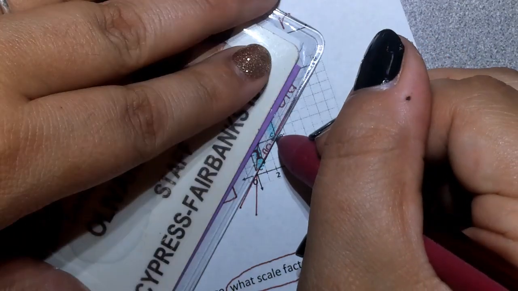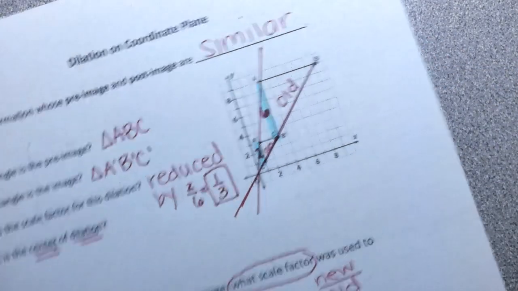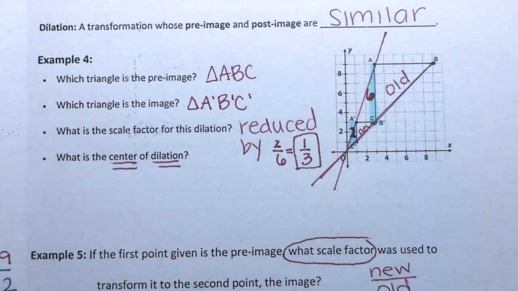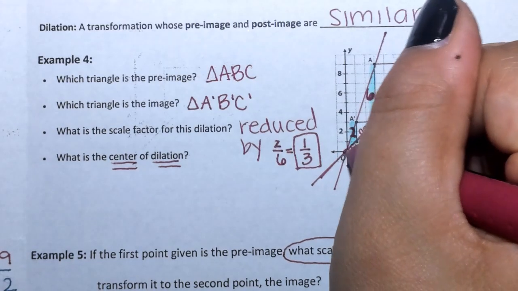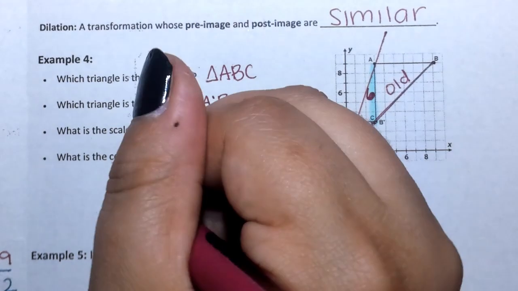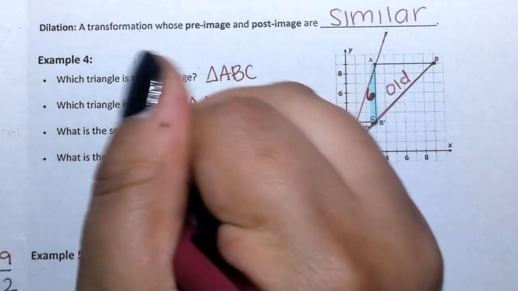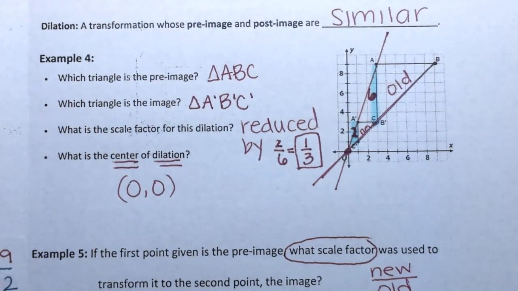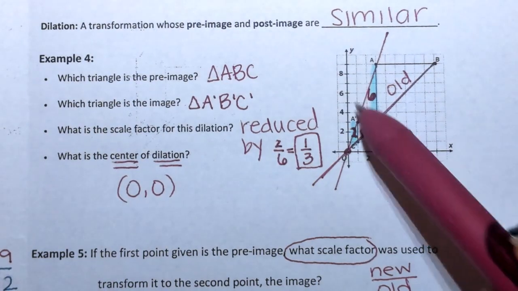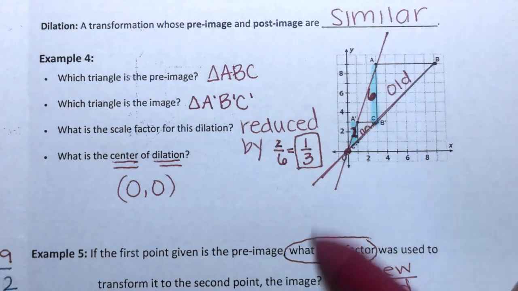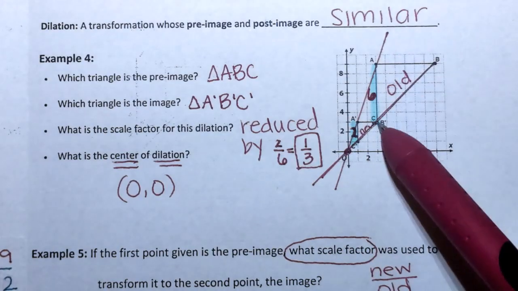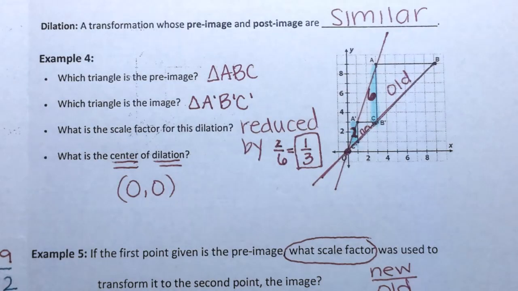And then connect your C's. Where do all of those lines pass through? Where's that at? The origin, 0, 0. So my center of dilation is the origin. Connect A with A prime, draw a line through it. B with B prime, draw a line through it. And C with C prime.